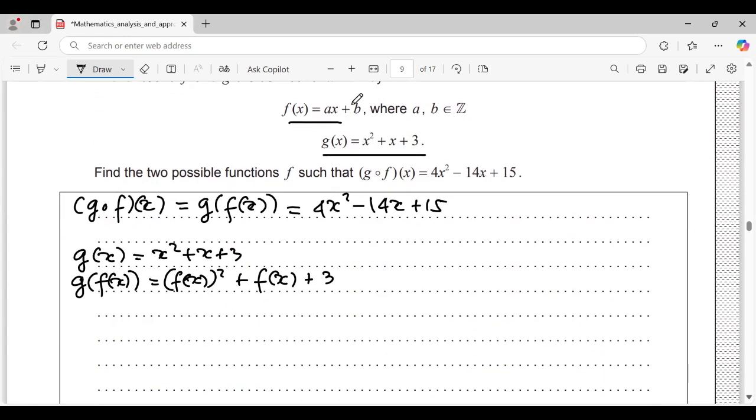If f(x) equal ax plus b, so it is (ax plus b) squared plus ax plus b plus 3.